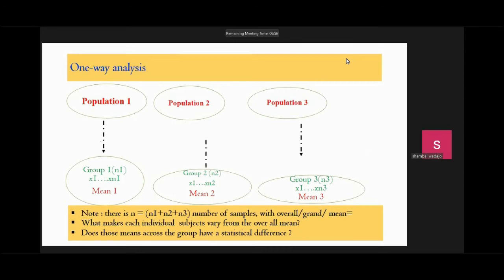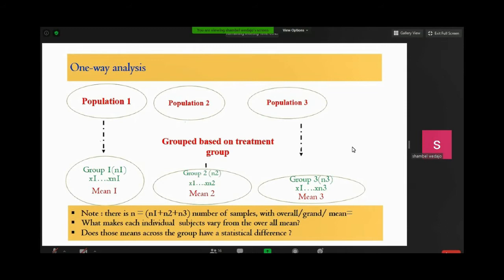These groups are divided based on the treatment groups, which is the socio-economic status of the mother, being high, low, or medium. The total number of samples in this study will be N1 plus N2 plus N3, which is the total number of individuals in the sample you have considered.